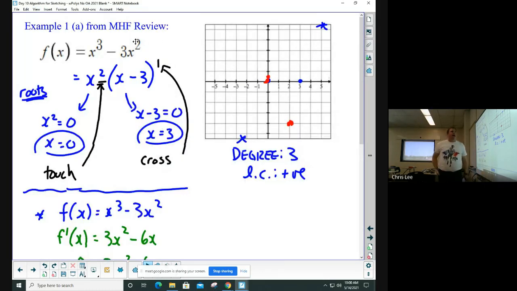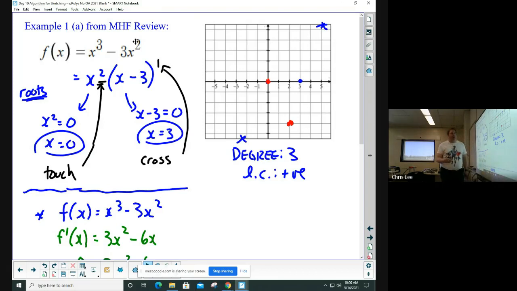Truthfully now, you have all the information. Well, that dot got a little bit away from me. Truthfully, you have all the information to do your sketch. But the math that's required here is to prove what those critical points are doing.